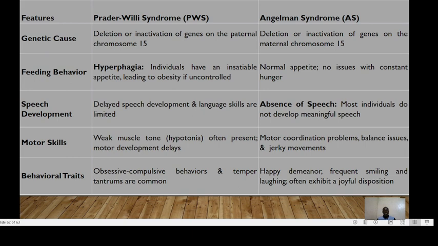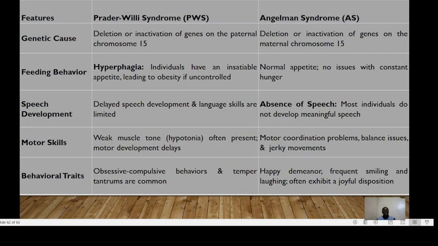In summary, guys, we can differentiate between Prader-Willi syndrome and Angelman syndrome in terms of genetic causes, feeding behavior, speech development, motor skills, and lastly, behavioral traits. If we look at the genetic cause, the Prader-Willi syndrome is caused by deletion or inactivation of genes on the paternal chromosome number 15, while the Angelman syndrome is caused by deletion or inactivation of genes on the maternal chromosome number 15.